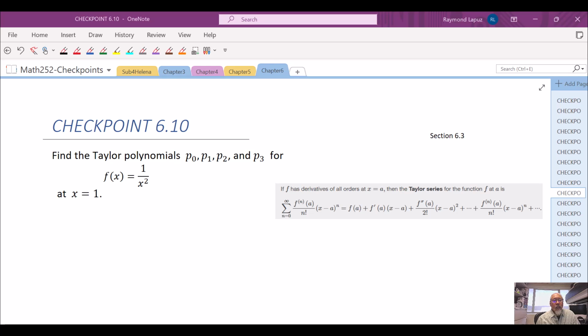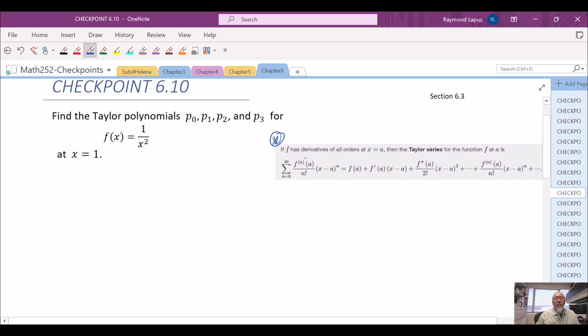It says to find the Taylor polynomials p sub 0, p1, p2, and p3 for f of x equal to 1 over x squared at x equal to 1. And we have our Taylor polynomial formula here, where we need to take the nth derivative evaluated at a, divided by n factorial, and then x minus a to the nth power.